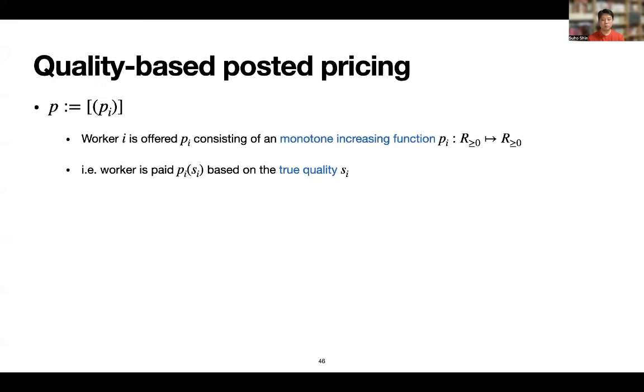The requester needs to design a quality-based pricing vector P, where each P_i consists of a monotone function of the worker's quality. For example, P_i can be S_i squared plus 10. In this case, we call the constant term 10 in the pricing function the base payment, and the other S_i squared the bonus payment, which is actually a function of the quality.